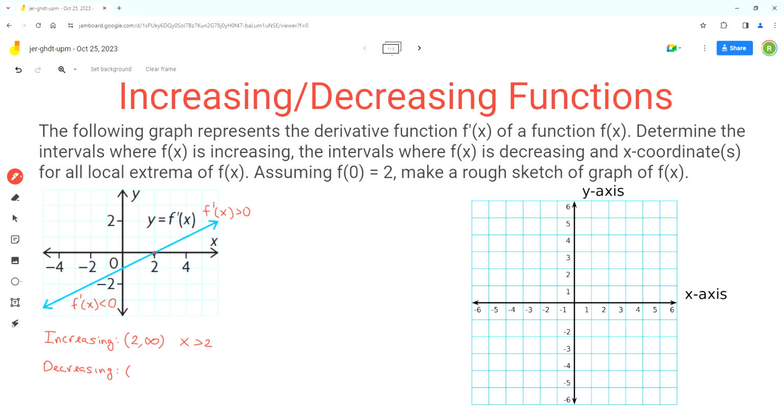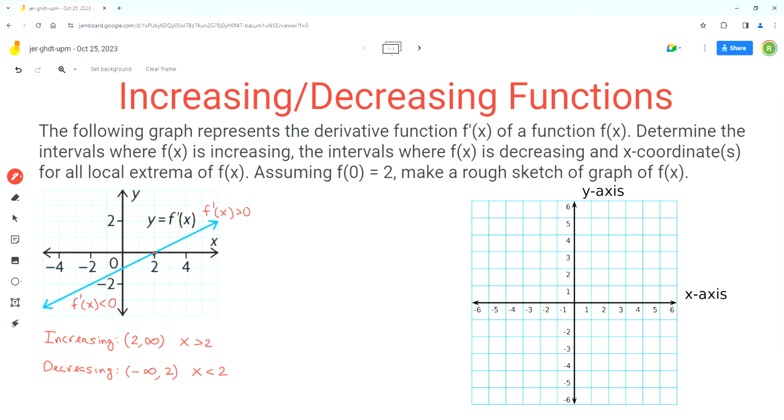The interval in interval notation is negative infinity to 2, and in inequality notation, we can write it as x is less than 2. And for this graph, there is only one interval over which the function is decreasing.